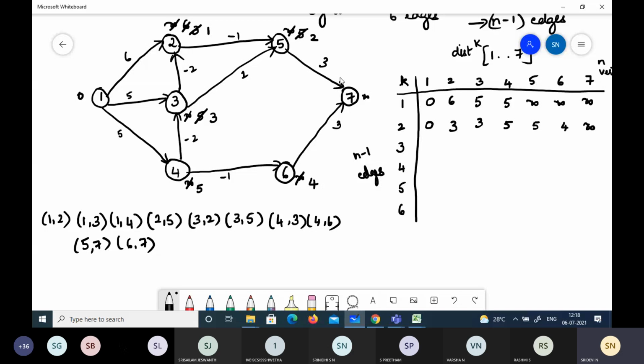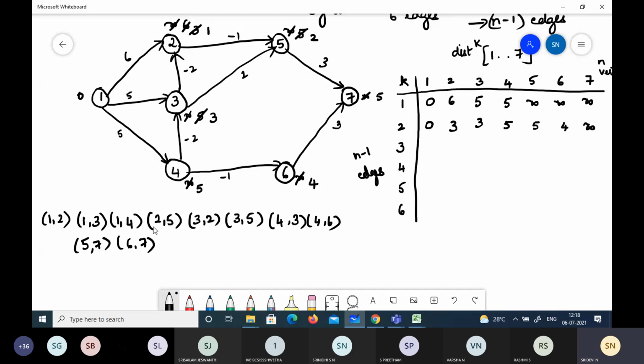Now 5 to 7. Check here. What is the value which is available? 2 plus 3, 5, and we have infinity over here. So which is the smallest value? 2 plus 3 becomes 5, and 5 is better than infinity, so we will change this to 5.